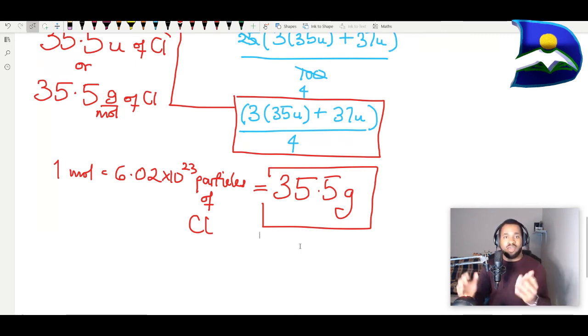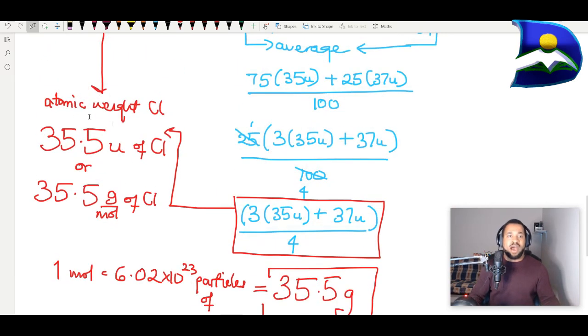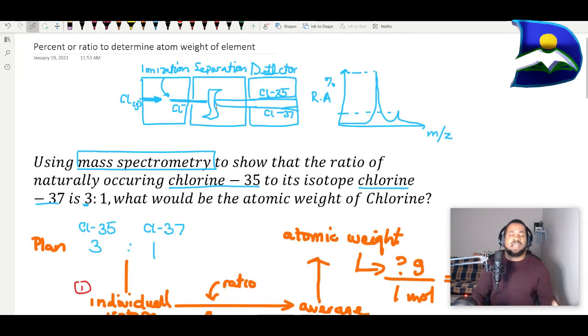And the atomic weight is usually found on the periodic table, where you have decimals, and they are never whole numbers because some isotopes account for more in abundance in nature than other isotopes.